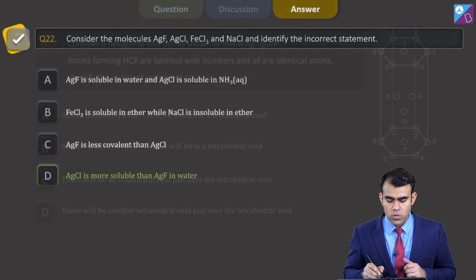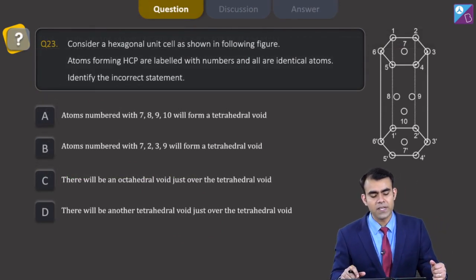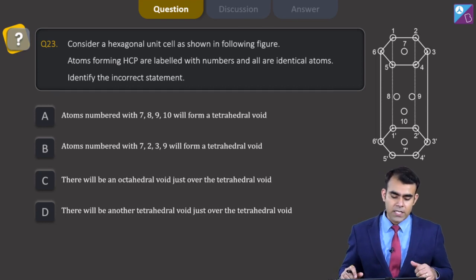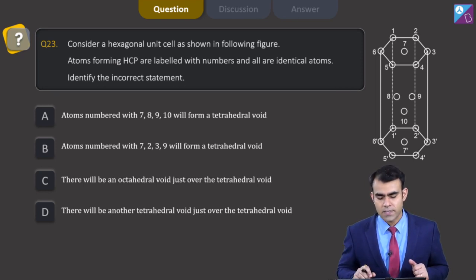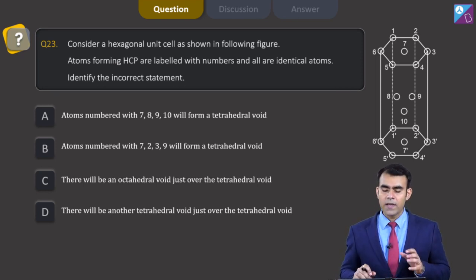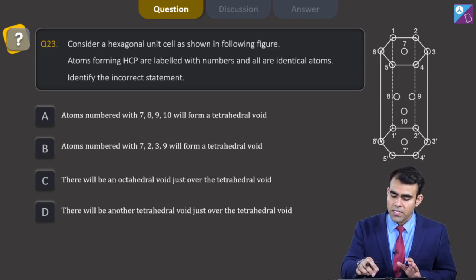Now moving on to my next question: consider a hexagonal unit cell as shown in the following figure. Atoms forming HCP are labeled with numbers and all are identical atoms. Identify the incorrect statement. Here we have been given a figure of an HCP lattice, in which atoms are present at the corners and these three atoms are present inside.